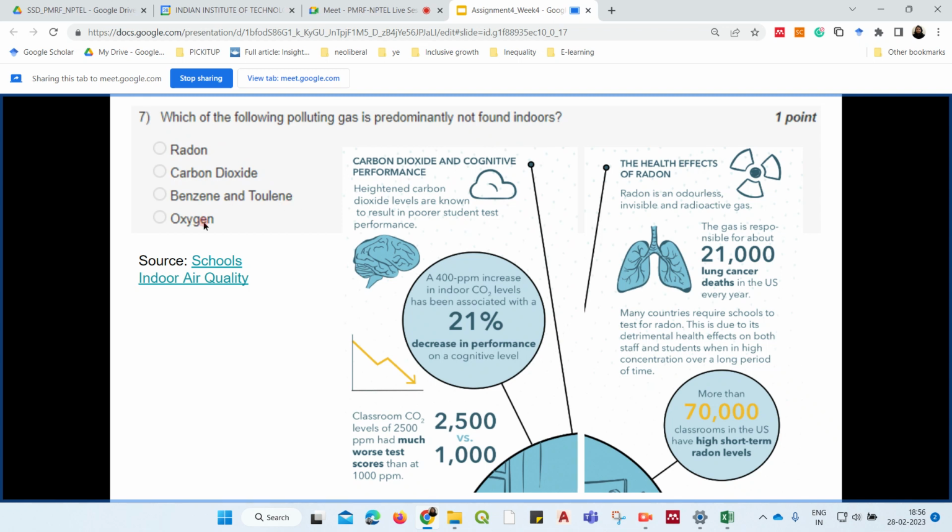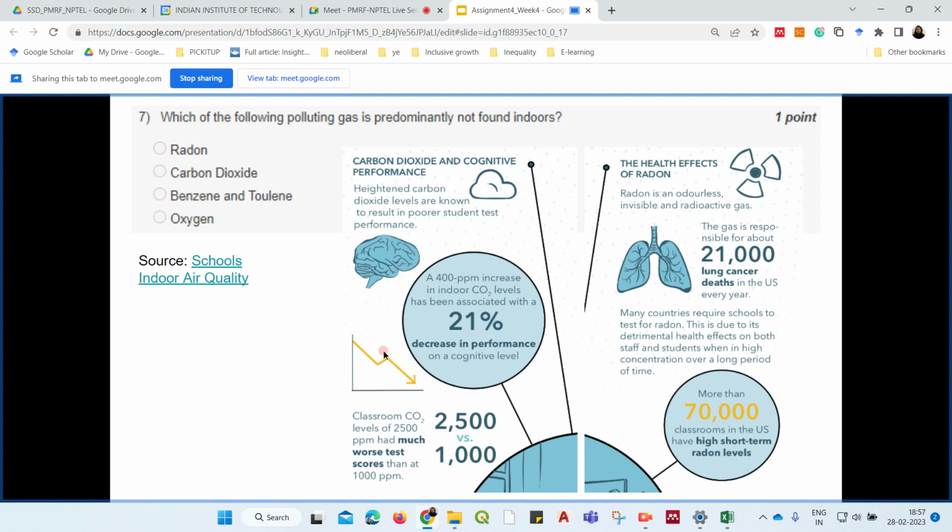So there can be two ways to identify which is the correct answer. One can be that the gas is not a polluting gas, and another can be that the gas is polluting but is not found indoors. So you can refer this study of indoor air quality for schools, which has been discussed in your lectures.